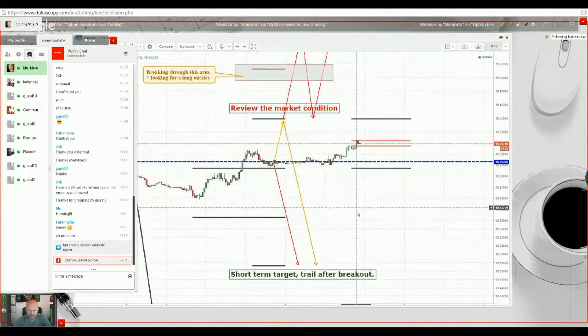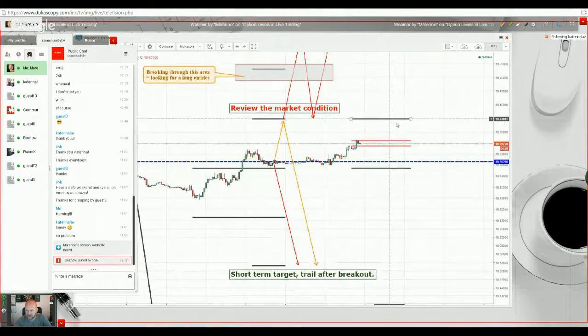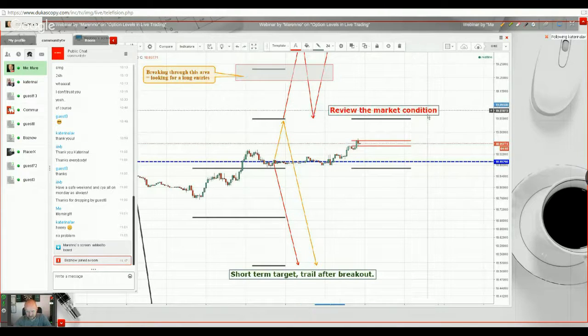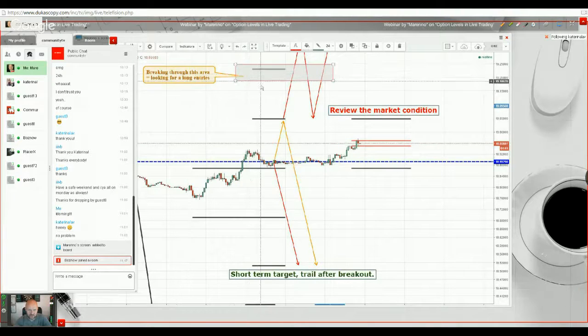So basically, we do have this level here, 19.050. In case the price breaks through this level here, I will start the process of reviewing the market conditions.